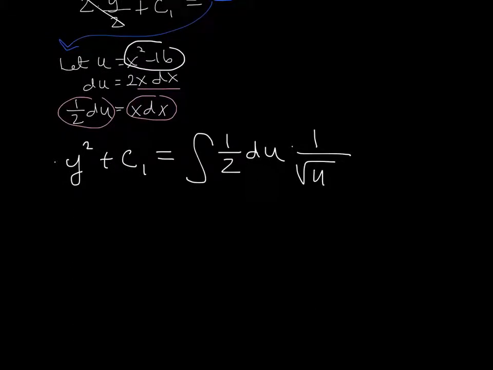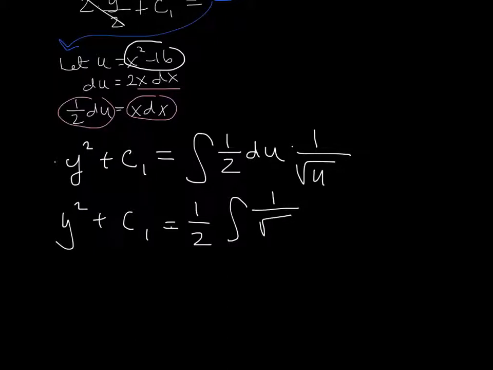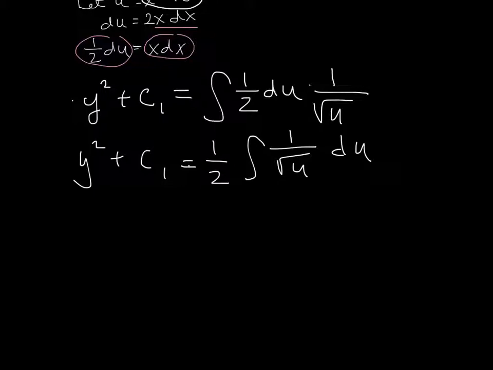If I rewrite this a little nicer, I'm going to take out the half because I'm allowed, and this is really 1 over the square root of u du. Again, I want my du's at the very end. Okay, so we're done integrating the left-hand side, right?